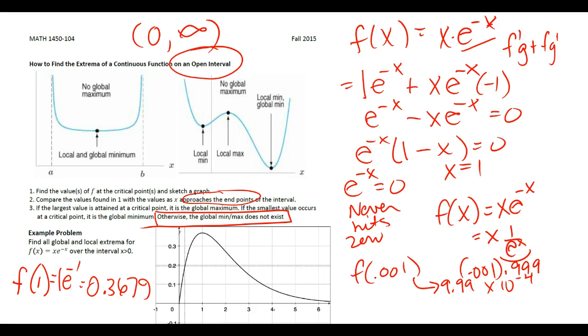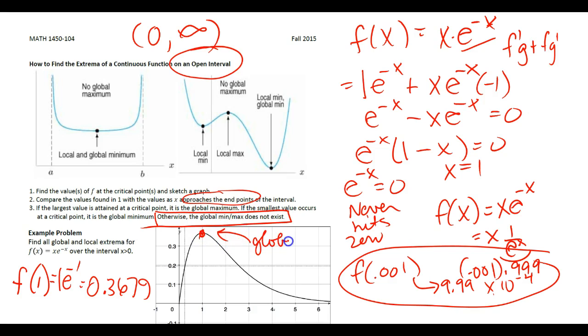Okay? Now, we can look at this function and see what's going on. This is small, and this function is going to be small as it approaches the endpoint. We basically know, based on this, that my f of 1 is my global max.